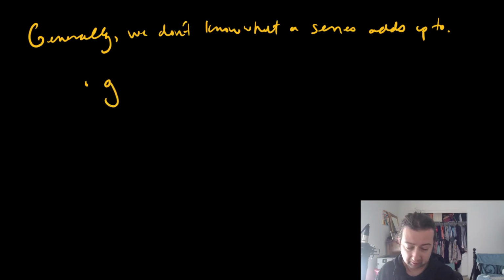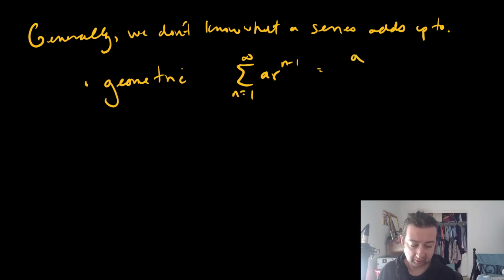So at this point in the course, we've looked at geometric series, which are things of the form a r to the n minus 1. And remember that these add up to a over 1 minus r. We looked at telescoping series, and more broadly, series where we can actually get a formula for Sn.